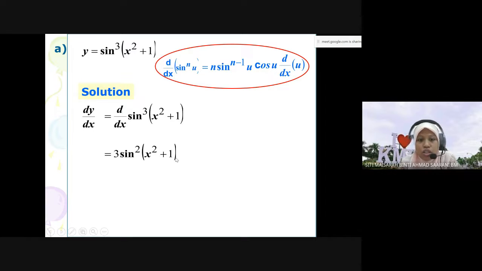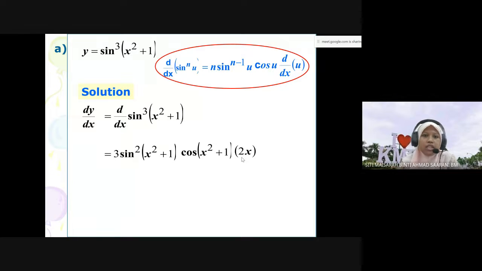And then seterusnya kita differentiate sin x square plus 1. We get cos x square plus 1. And then last kali kita differentiate dia punya sudut. Angle dia is x square plus 1, we get 2x for x square, and 1 we get 0. So then multiply by 2x.